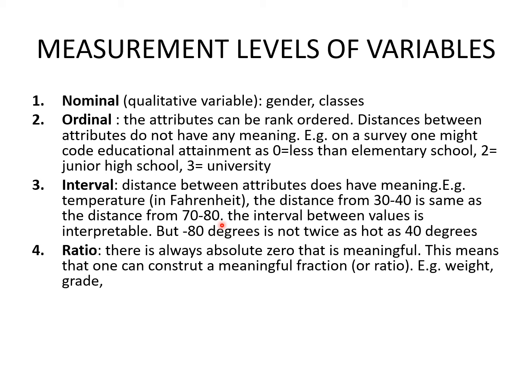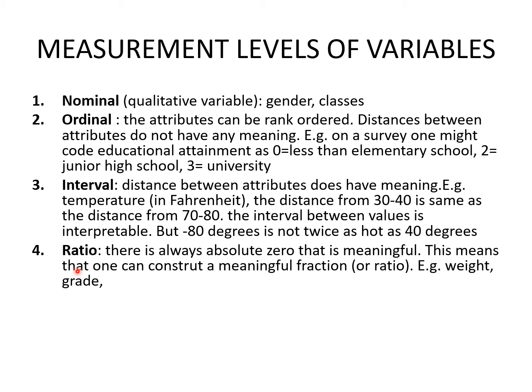The scale between 1 to 2, 2 to 3, 3 to 4, 4 to 5, 5 to 6 actually has a similar distance, but it is not a true number as in ratio.